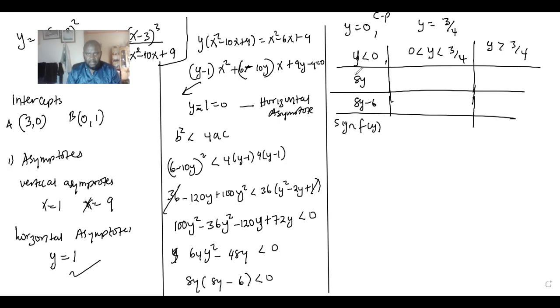For y less than 0, it's negative times negative, positive. Between 0 and 3 over 4, 3 over 4 is 0.75, I can take a half: positive times negative gives a negative. Beyond, I get positive, positive, positive.